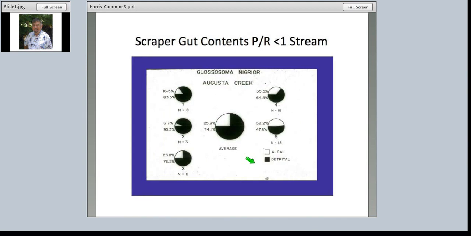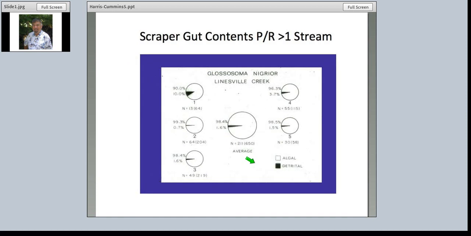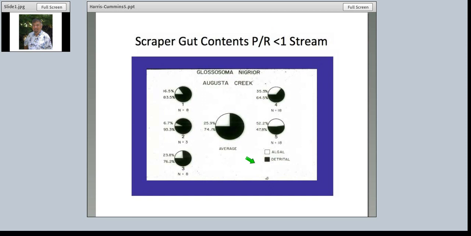Here's the same species in a different stream. This stream, by the way, is a PR greater than 1 stream. This stream is a PR less than 1 stream. And you can see that, again, over the 5 larval stages and averaged over the life cycle, the dominant food that the animals were scraping up was detritus and not algae. This would be organic matter that was settling on the surface of the rocks.